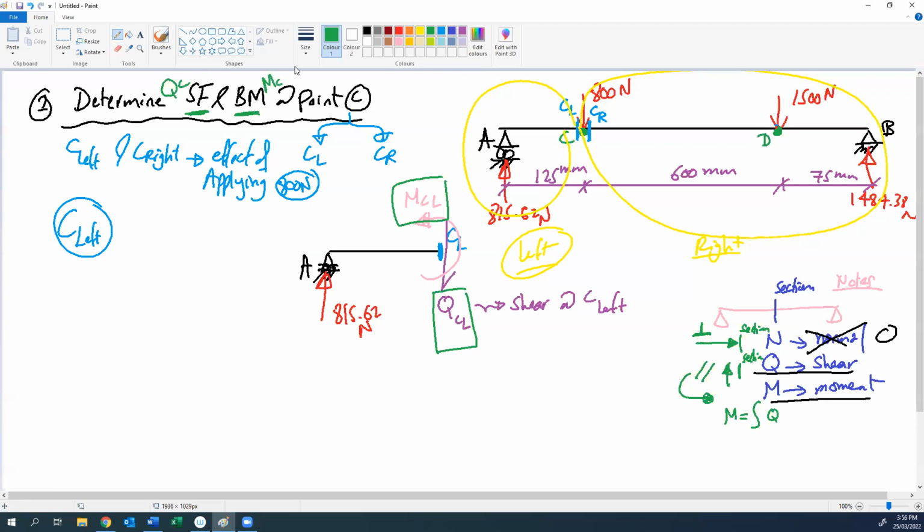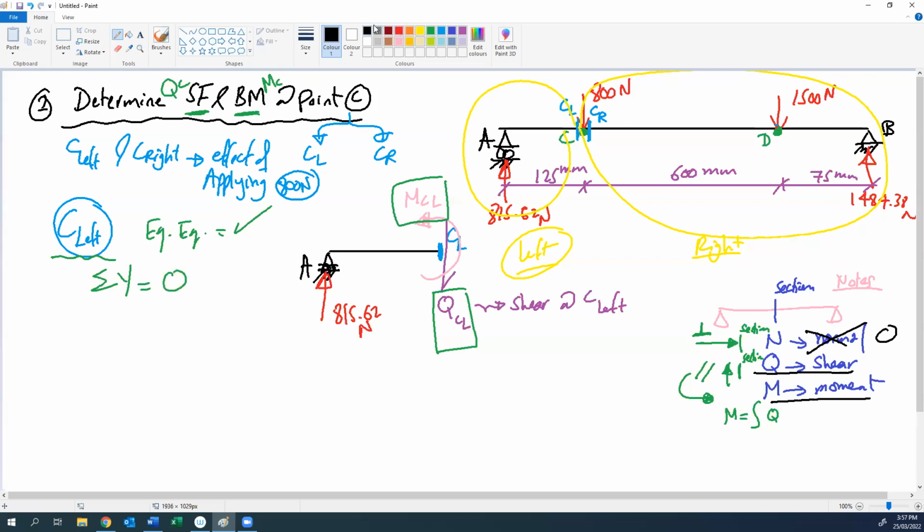Okay, so now we return back to section C left. If we cut a part of the beam like that, this part should be under equilibrium. How can this part be under equilibrium? Under equilibrium means the equilibrium equations are valid. So what equilibrium equation can we apply here? The first equilibrium equation is summation of forces in y direction should be equal to 0.